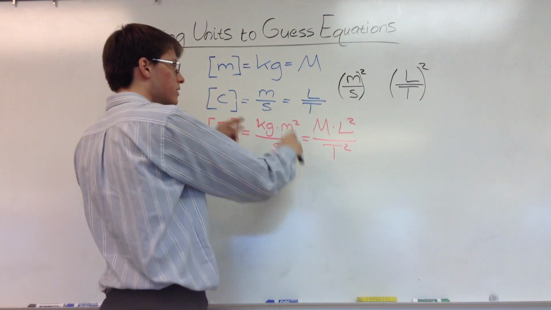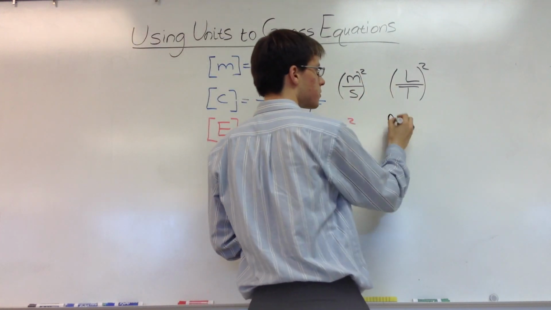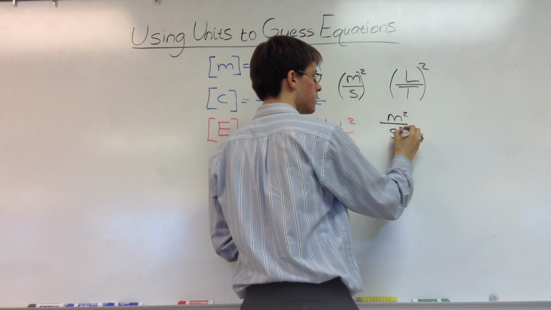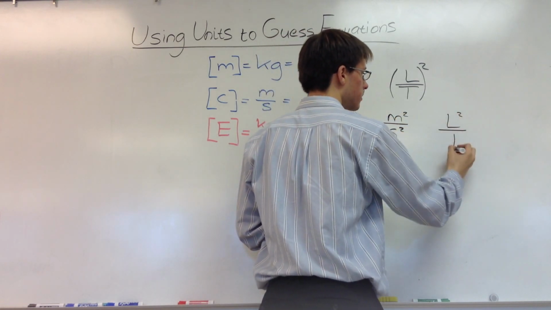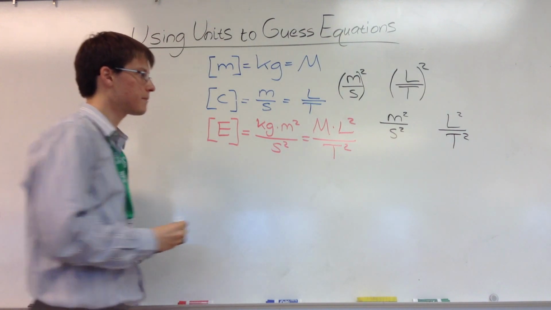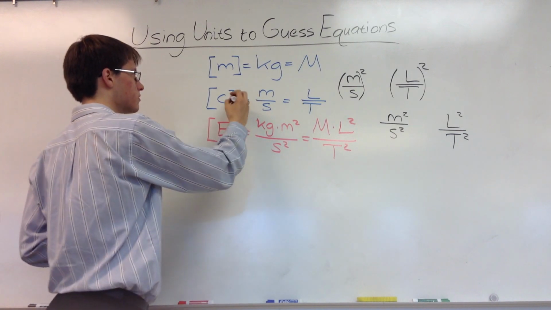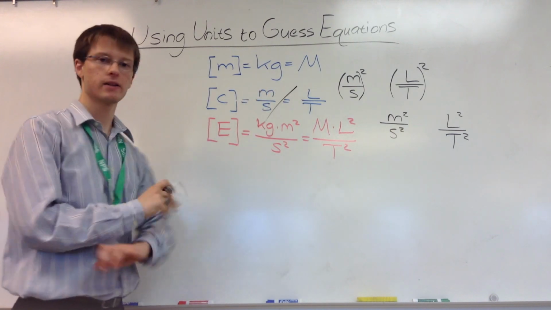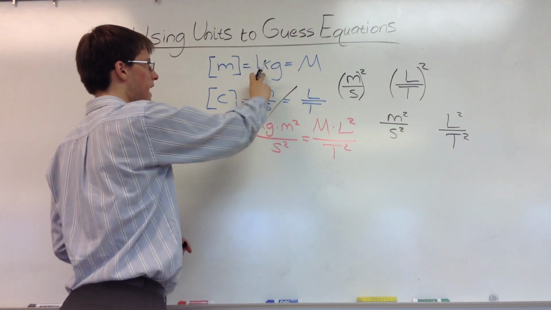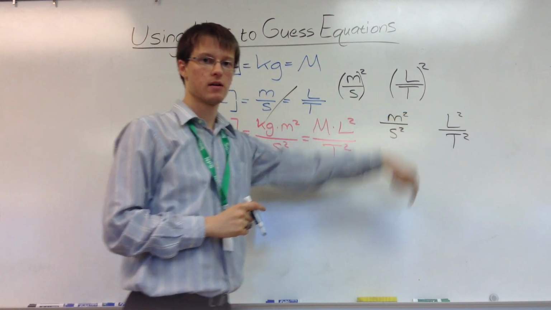After that, we look at what we need. So now we have meters squared over seconds squared, length squared over time squared, and this is perfect. Except we need mass. So we've used this variable already, so we can basically ignore it now. We haven't used this one, so we have to use this to somehow get a mass in here.